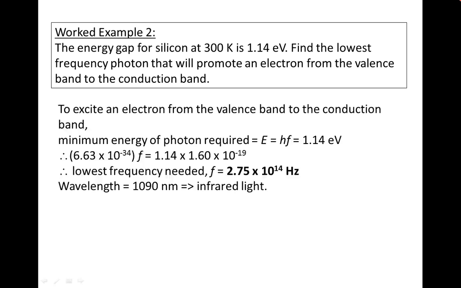We see very clearly that E equals hf, and converting electron volts to joules, we have 6.63 times 10 to the power of minus 34 f equals this amount of energy in terms of joules. Hence, calculating, we find that the lowest frequency is 2.7 times 10 to the power of 14 hertz, which is light of 1090 nanometers, which is in the range of infrared light.